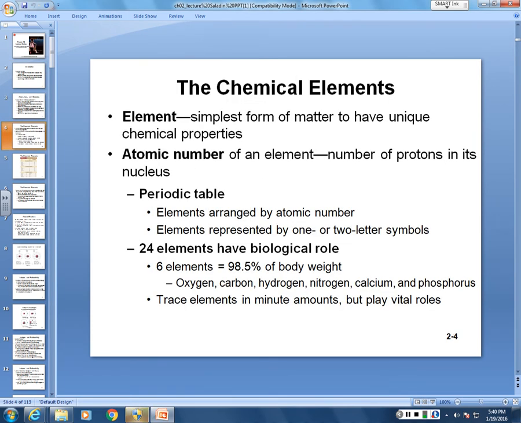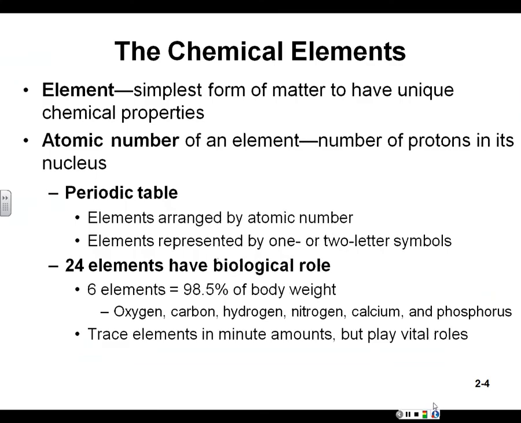As we look at it, if you remember from Biology 103, they talked about the periodic table, and in the periodic table, they talked about atoms, and in atoms, protons, neutrons, and electrons.